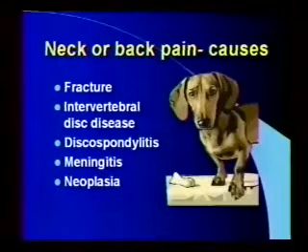And so there are no organisms present at all, and it responds wonderfully to oral prednisone therapy. And then, of course, the last on our list is some type of neoplastic process, either in the vertebrae or in the nerve roots or meninges, which are the coverings to the spinal cord. And so these are our 5 causes of neck or back pain that we're going to see in a small animal practice.